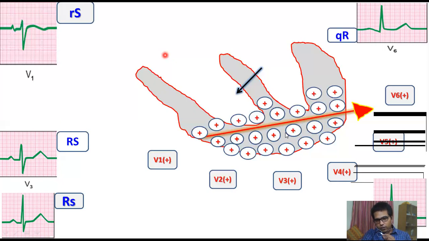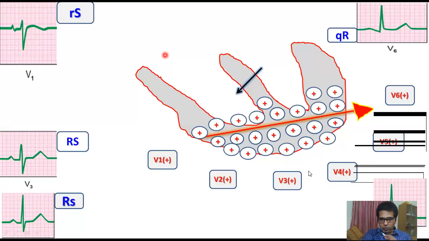So initially it will produce an upward deflection, the first upward deflection in the QRS complex, and that is the R wave. But when this depolarizing vector passes and moves away from them, moving towards V6, it will produce a negative deflection again. That is actually called the S wave. So this pattern recorded in V3 is called RS pattern.